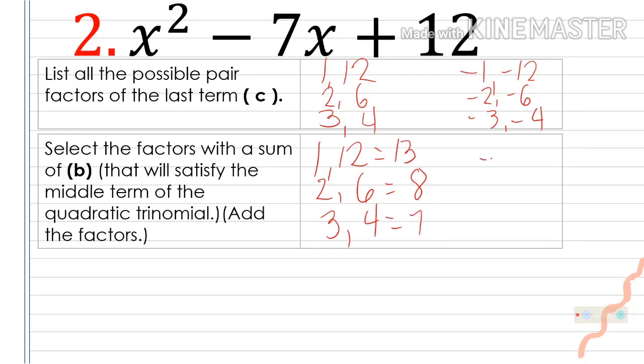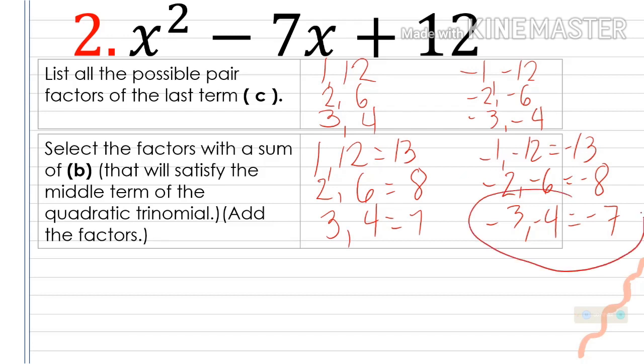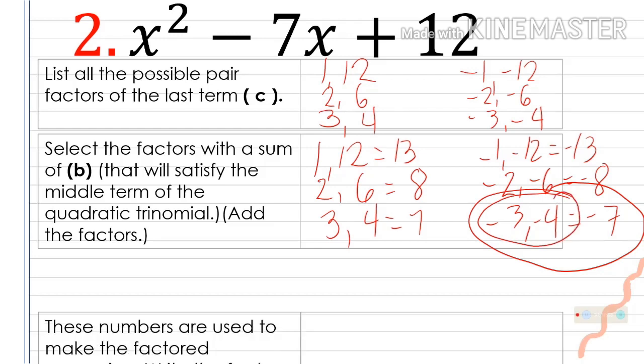On the next pair, negative 1 and negative 12 is negative 13, followed by negative 2 and negative 6 is negative 8, and then negative 3 and negative 4 is negative 7. Which do you think satisfies the middle term? Correct. So, the integers that you are going to use are negative 3 and negative 4.